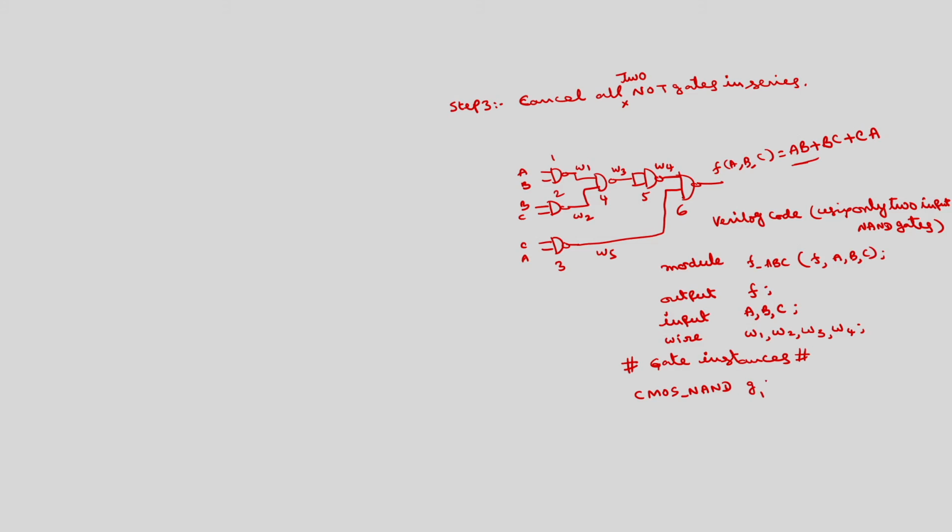G1, what is the output and what are the inputs? W1 is the output, inputs are A and B. G2, W2 is the output, B and C are inputs. G3, W5 is the output, C and A are inputs.